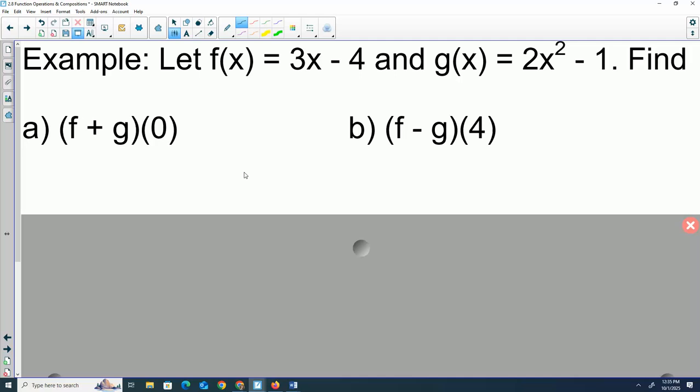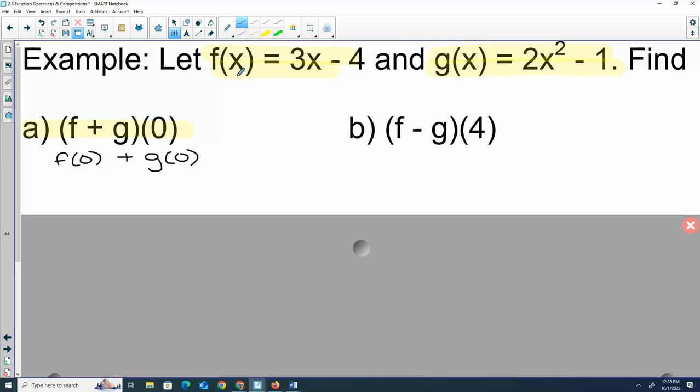Let me let you write down those functions. If it were me, I would just write down f of x equals 3x minus 4, g of x equals 2x squared minus 1. All this means is you put a 0 into f, a 0 into g, and add your answers together.